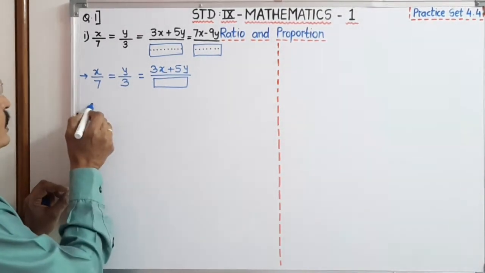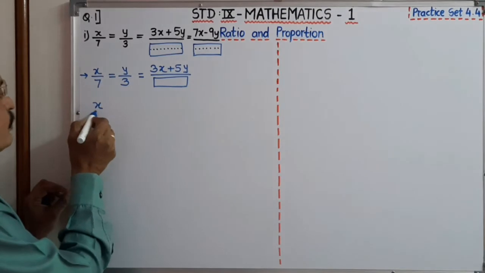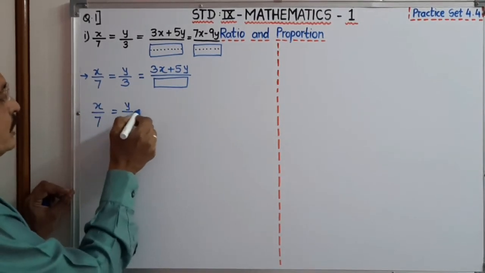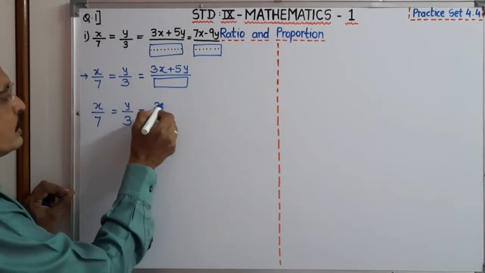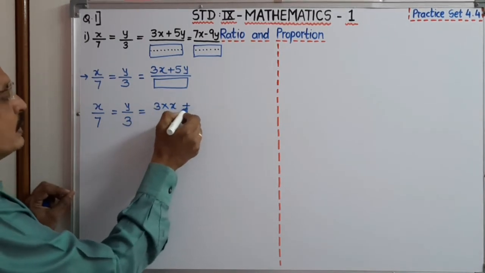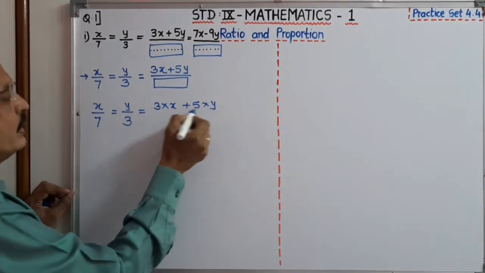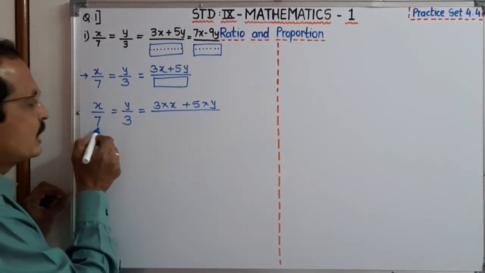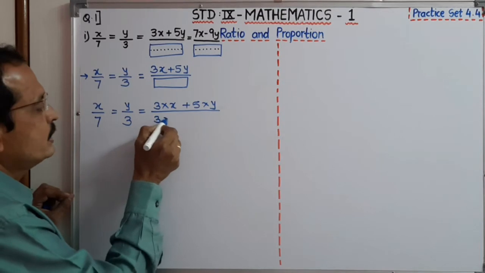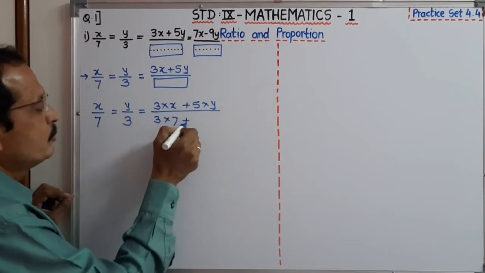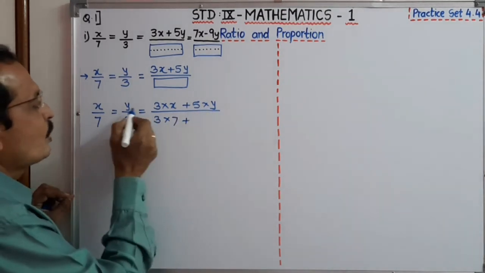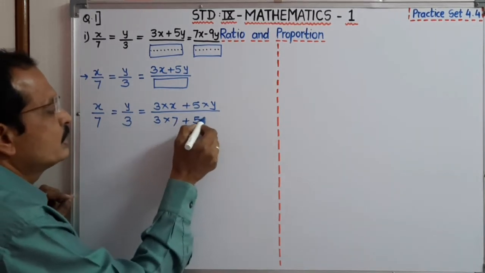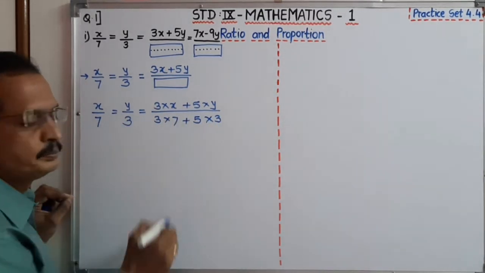Therefore, see, dear student, here it is x upon 7 is equal to y upon 3 is equal to 3 into x plus 5 into y. Similarly, here also we have to multiply this 7 with 3 into 7 plus this y is multiplied with 5. Therefore, this 3 is also multiplied with 5.